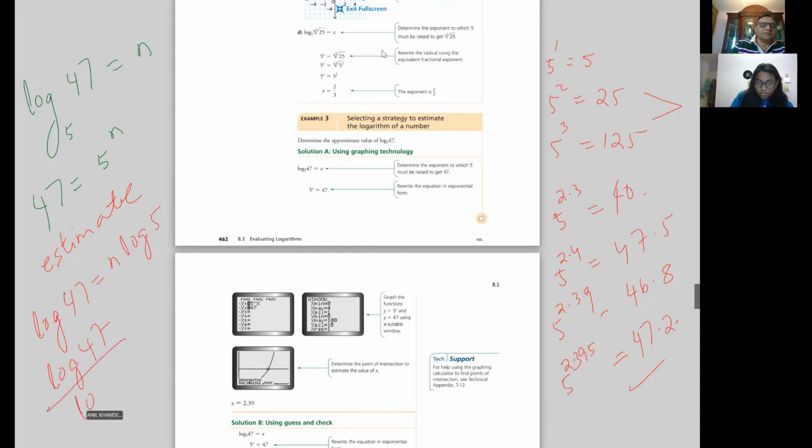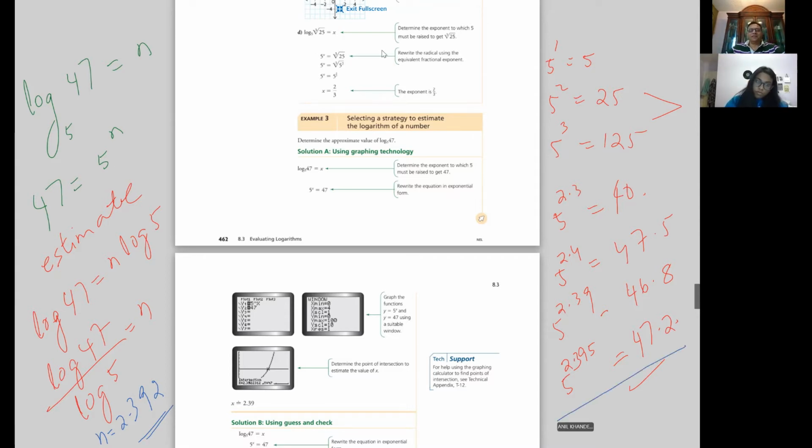Can you calculate this? What do you get? 2.392. Do you see that? So that is how you could find it, very much closer than what we found, but we were close enough.